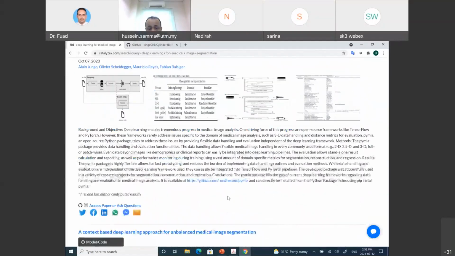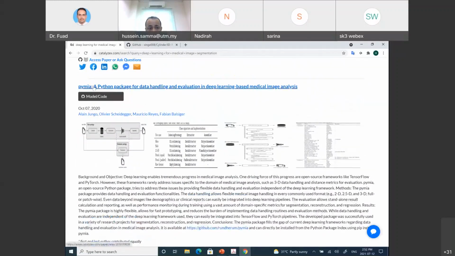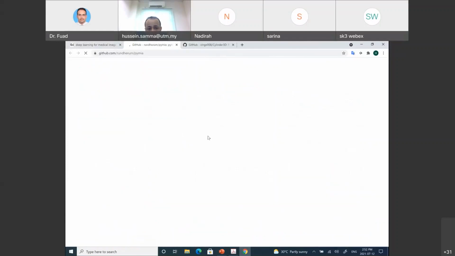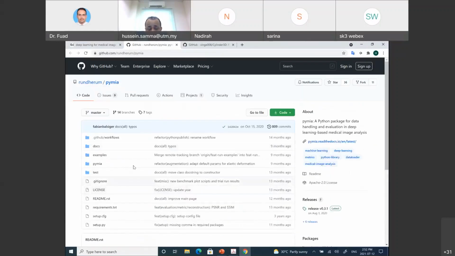So for instance, here we have the source code of this paper, which was just recently published. So you have to go to this link and try to download. Of course, you can see here that in most recent work nowadays, the trend goes to using Python as the main language for implementing these kinds of models.